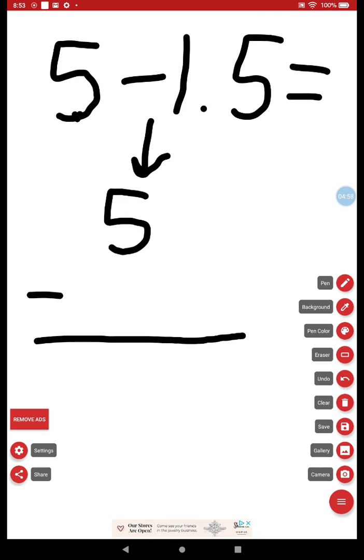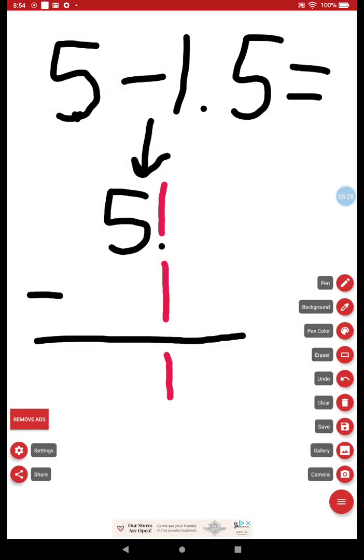Think back to what we learned this week. If I have a whole number in the ones place, where does the decimal place go? Very good. The decimal point goes directly to the right. All right, now I'm going to add my little red line so I can make sure to line everything up on the decimal point.